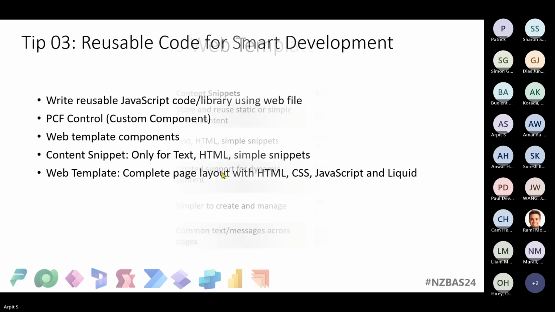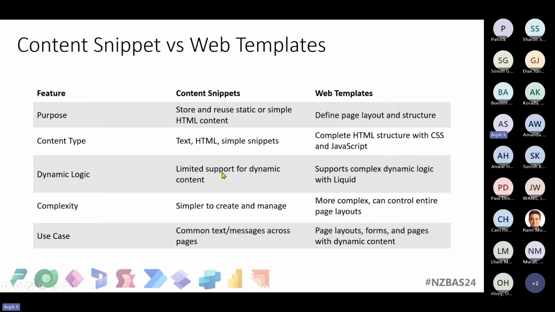All right. I'll be sharing this slide deck with you so you can see the difference, like what is the advantage of writing code in the content snippet versus the web template. The major difference is in the use case: the content snippet is basically used to store common text messages across the pages, while the web template is used for the page layout, forms, and complete dynamic content display, right?